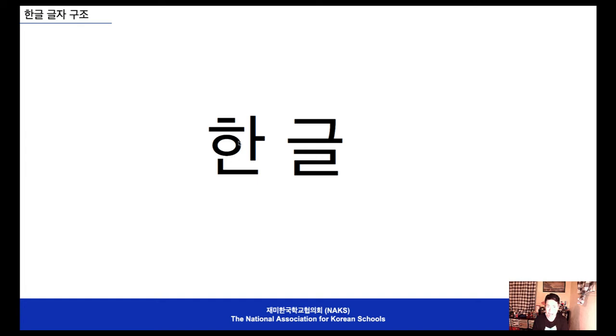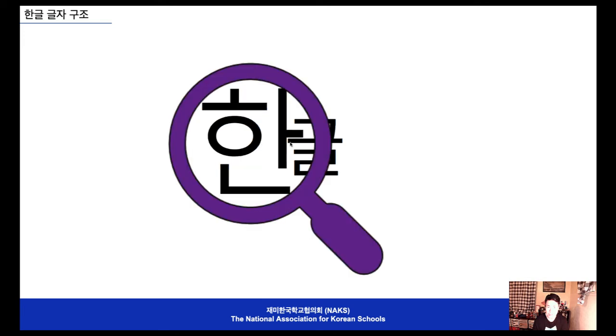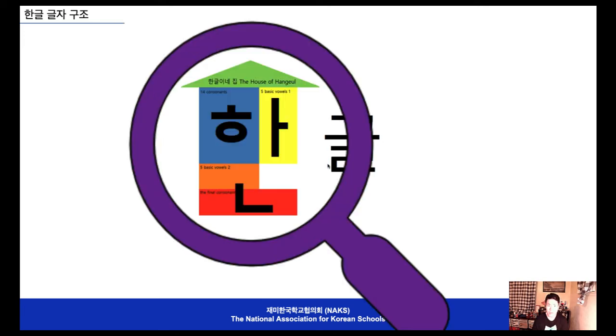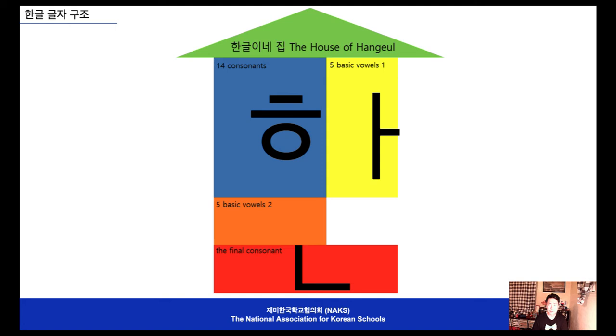H, A, ha, N sound, han, han. G sound, usually it's G. And then okay. So yeah. So this is the order of how the Korean alphabet goes. Okay.